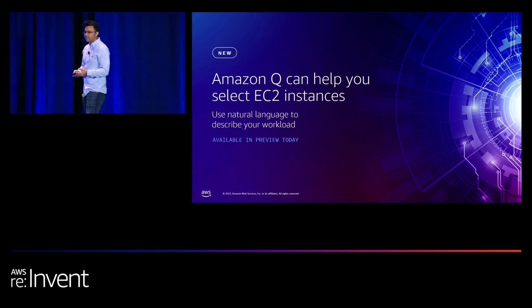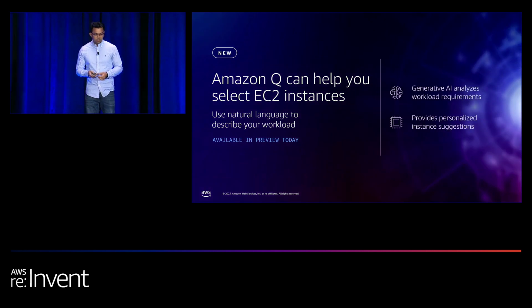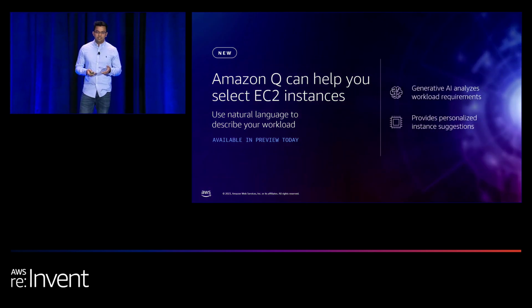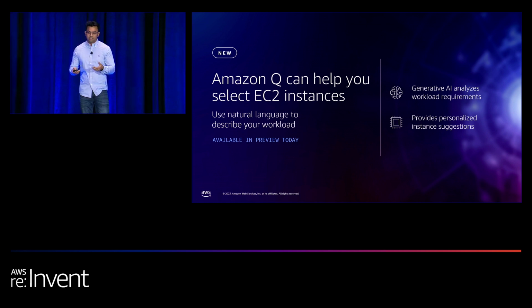You tell us that, and Amazon Q will suggest instances based on your requirement. So let's quickly have a look at a couple of use cases, and then I'm going to switch gears to the console to walk you through a couple of flows where you can engage and make the best out of Amazon Q for your instance selection.